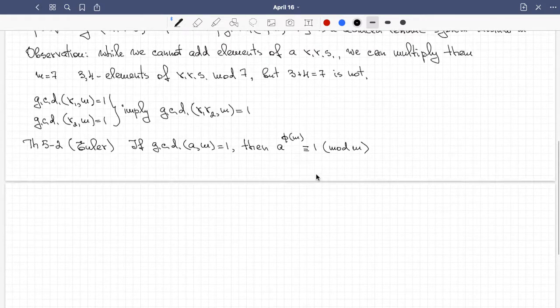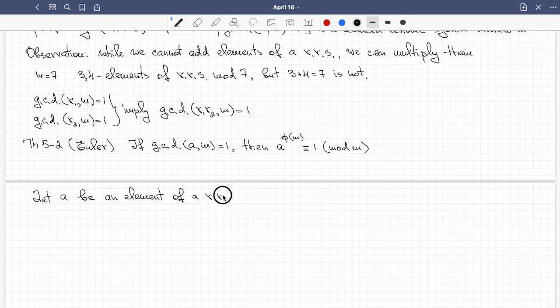So let A be an element of the reduced residue system modulo M. Consider the powers.